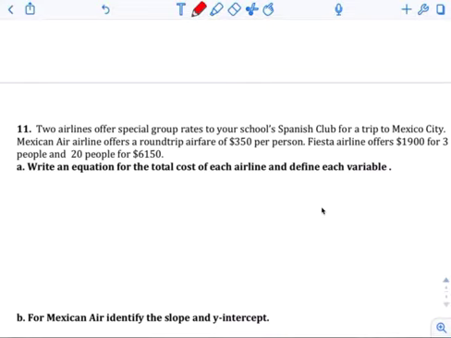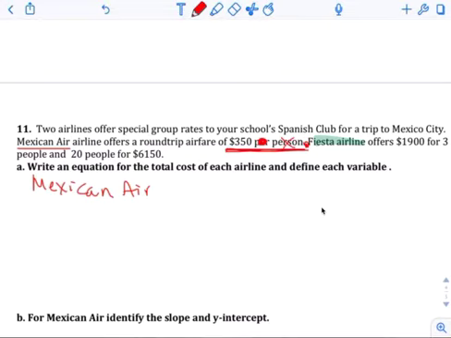Two airlines offer special rates for your school Spanish club for a trip to Mexico City. Mexican Air versus Fiesta Air. Mexican Air offers a round trip fare for this much. And that's it. Period. Then after that it went to Fiesta Air. So Mexican Air is just this. Per means times.